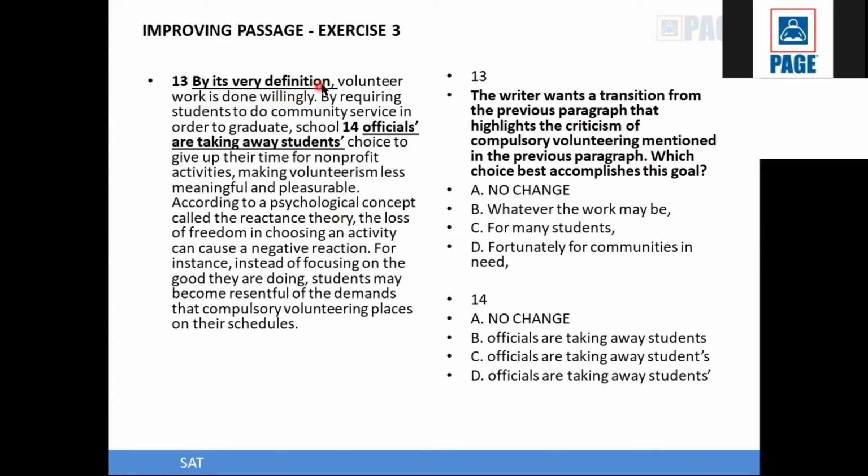Maybe the volunteering work is done willingly. So you need to match with the next part of the sentence. Volunteer work is done willingly, whatever the work may be. Or for many students, volunteer work is done willingly. Fortunately, for communities in need, volunteer work is done willingly.